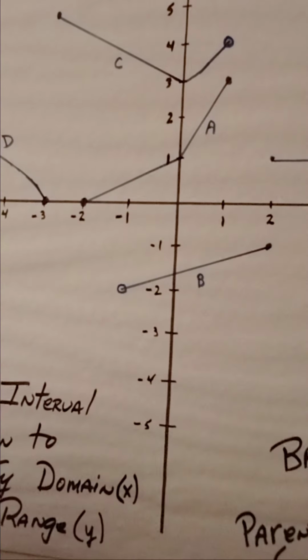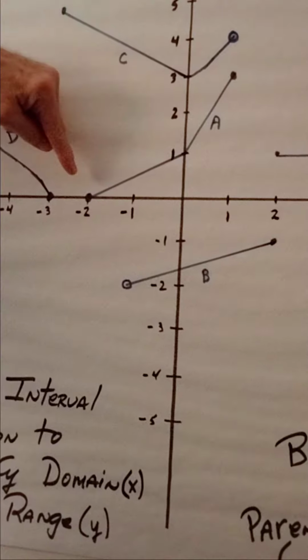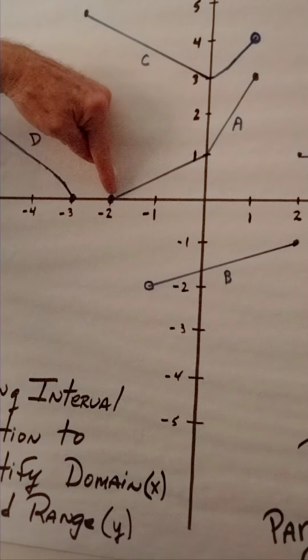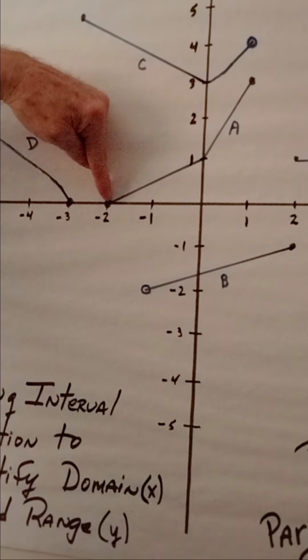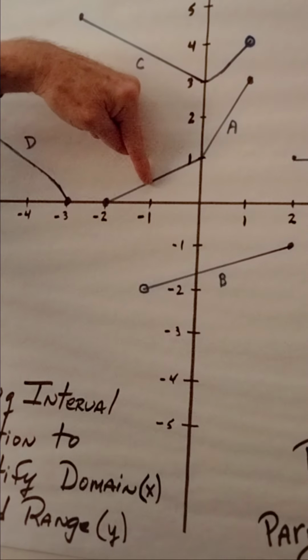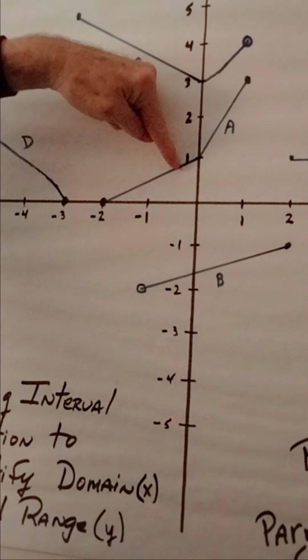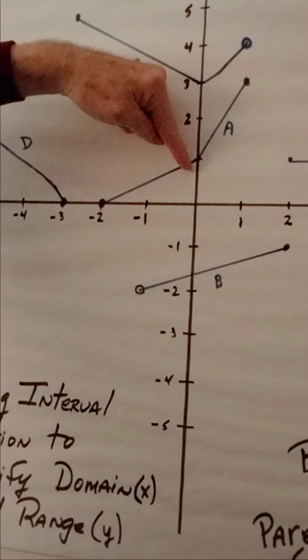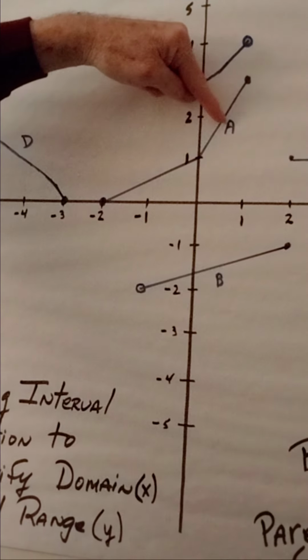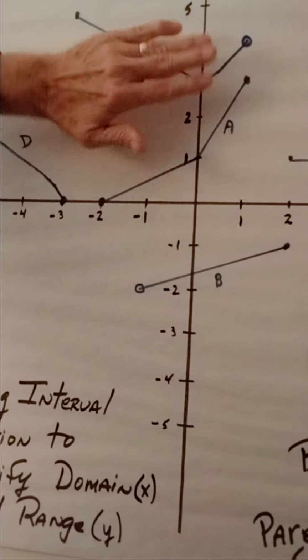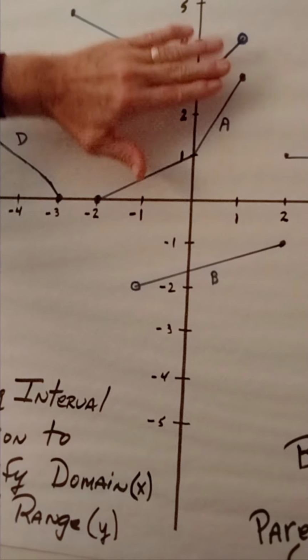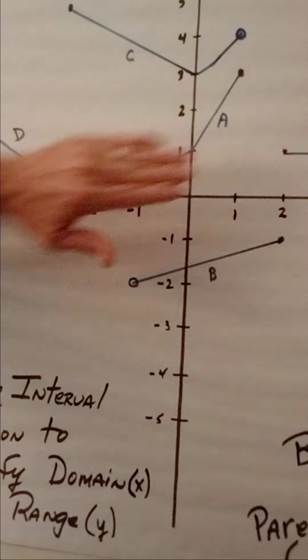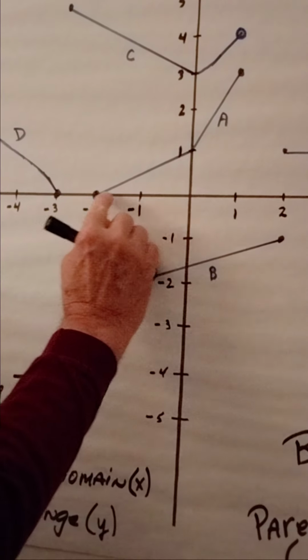Here's how we identify the domain. We are going to take all of these points, all of these that I'm scanning with my index finger right here, we're going to take all of these points and we're going to theoretically move them all down to the x-axis.